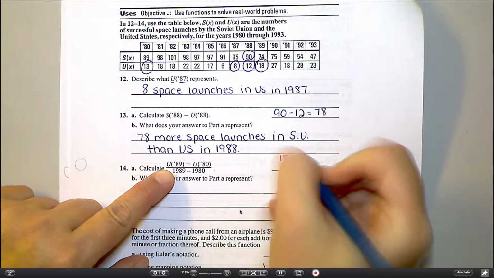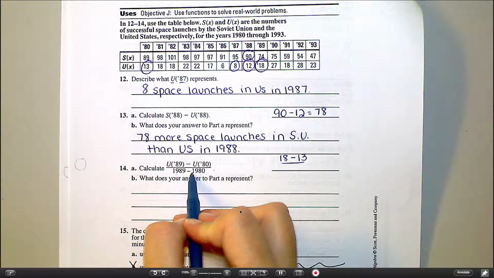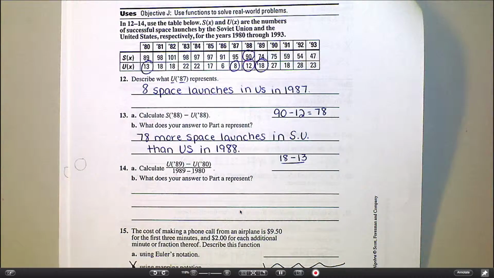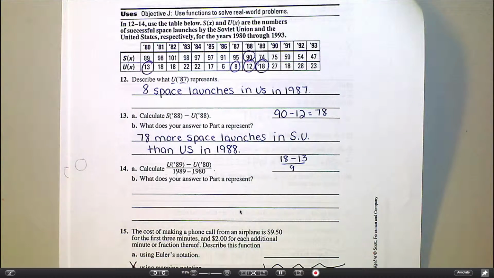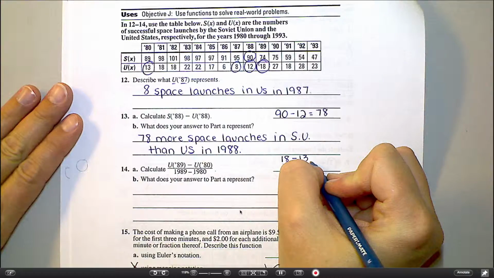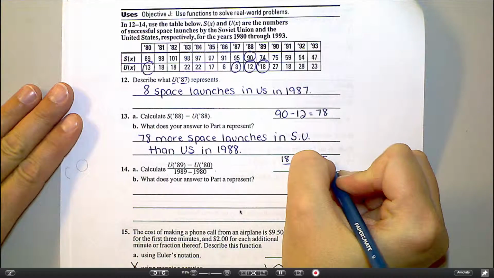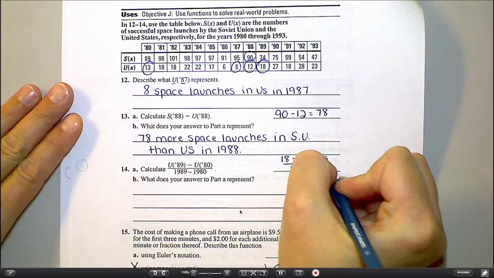And then this part down here, I have a lot of people say, well, those are years. What is that telling you to do? Don't treat it like years there. Treat it like numbers. What's 1,989 minus 1,980? 9, right? Okay, so I want you to think about this in parts. We do 18 minus 13 is 5. So we get 5 over 9.